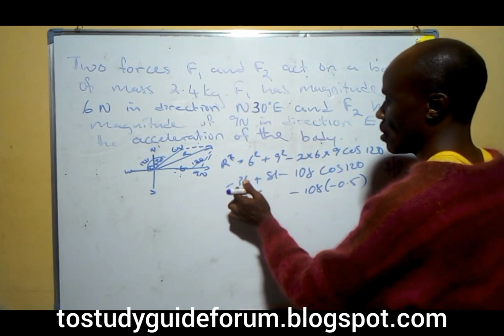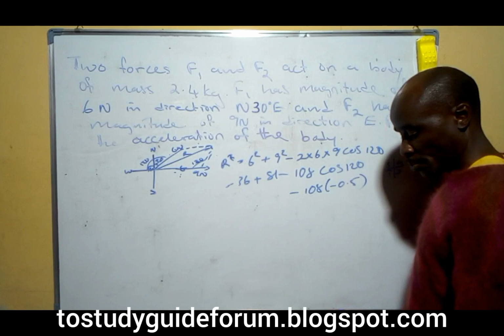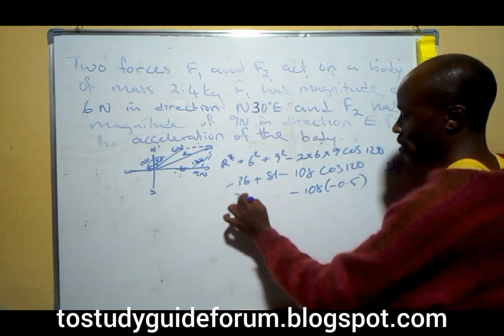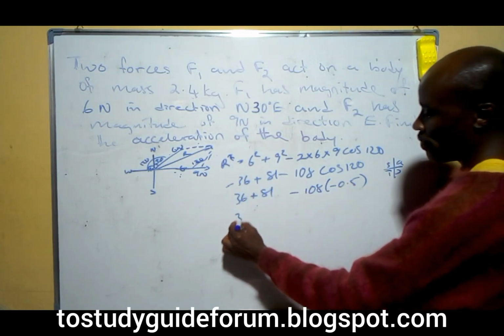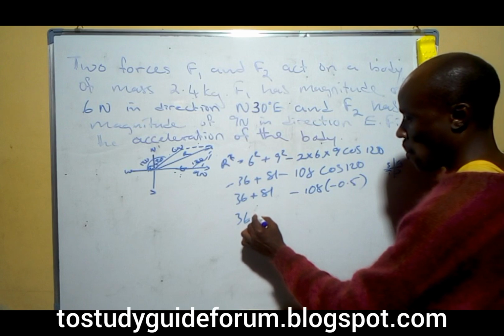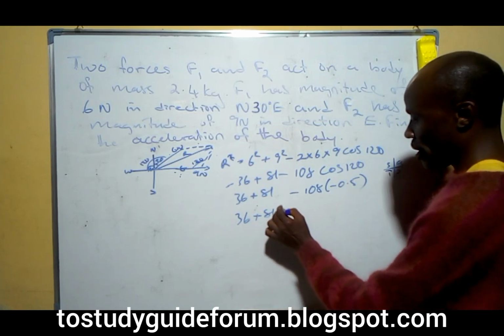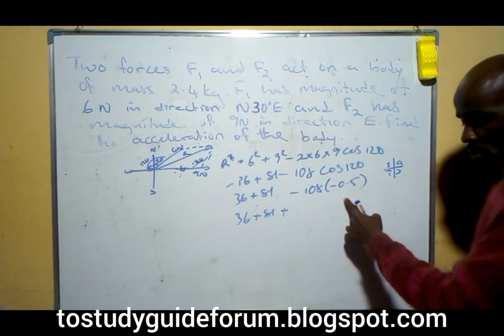Then here we add this up. When we multiply through, it will give us 36 plus 81. Multiplying through, we have minus, multiply minus, we have plus.